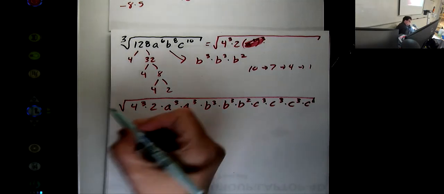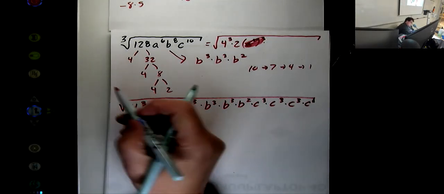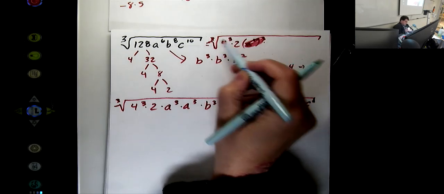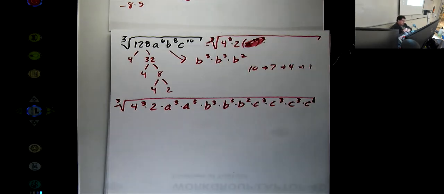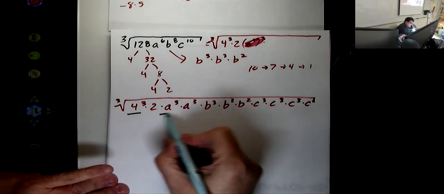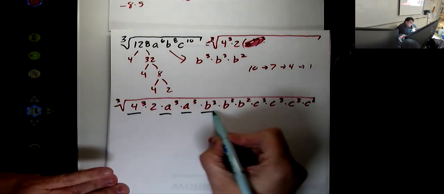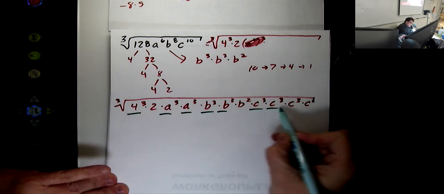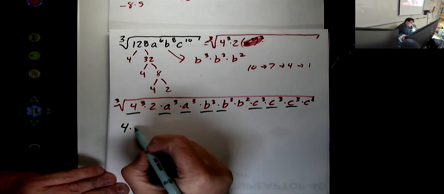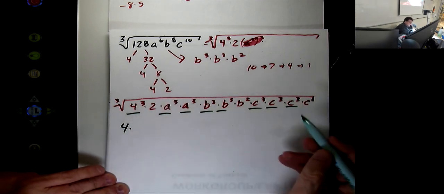Oh, don't forget the index on the outside, Mr. Jones, because that's what we're matching to. That can be pulled out, that can be pulled out, that can be pulled out. Anything with a 3 as an exponent can get pulled out. The last one is just a 1.